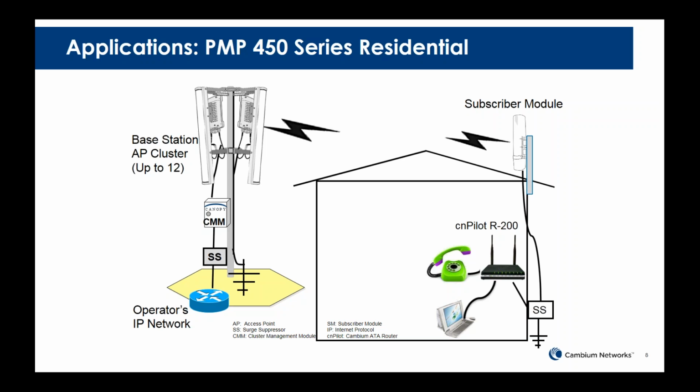You can see I've got my little lightning bolt showing the RF connection, and in this case it goes to a subscriber module on the roof, our typical PMP 450 subscriber in this example, through a surge suppressor, and in this case into our CN Pilot R200. That's a home Wi-Fi router that, while it looks and appears a lot like the sort of router you might buy at Office Depot or Best Buy, is actually a carrier-centric device.